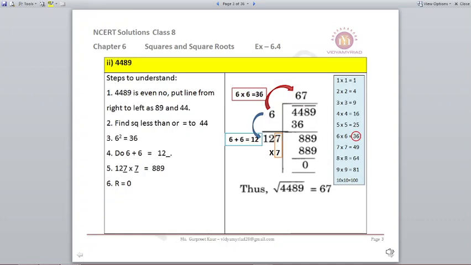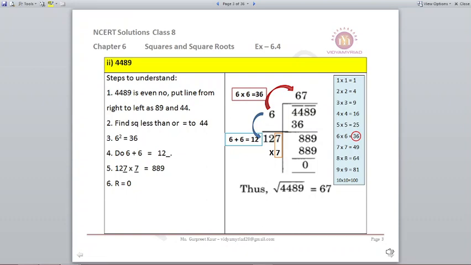Next, 4489. So pair is 44 and 89 since it is an even number. So let me see for the 44 where it will fall. It will come as 6 6s are 36. On subtracting I get 8 and I will pull down 89. So 889. On my left hand side blue part you will see, you will do 6 plus 6, 12, and then I have to find out which pair I will get 9 at the end.